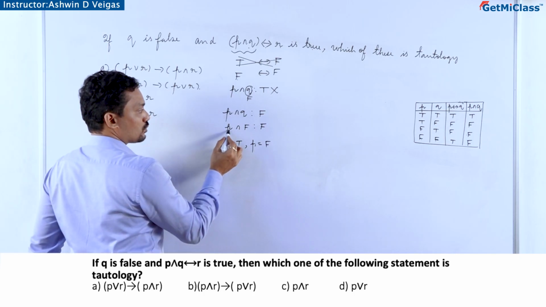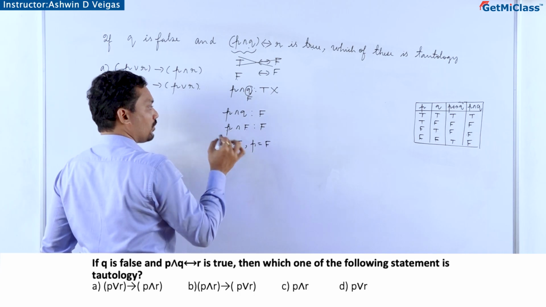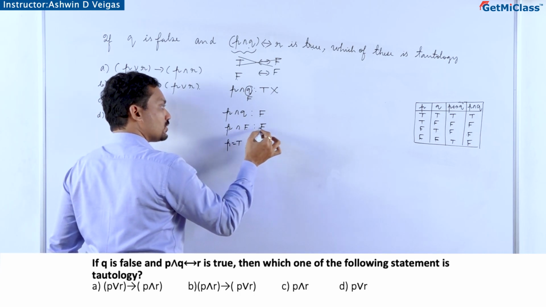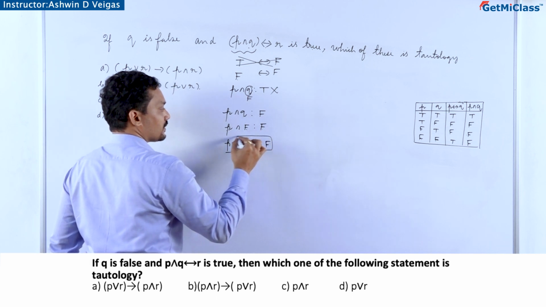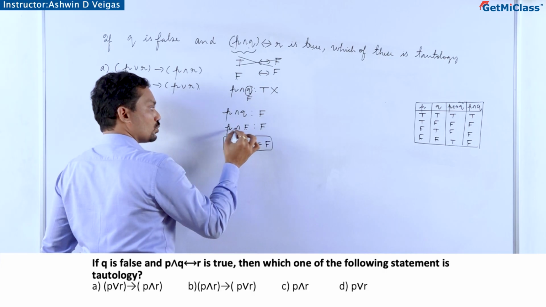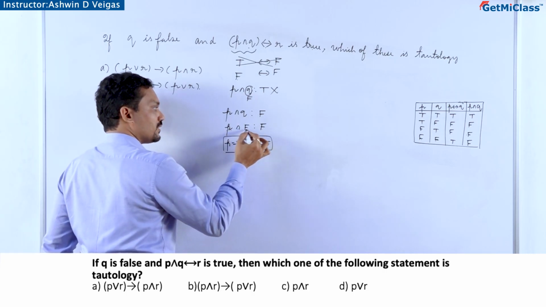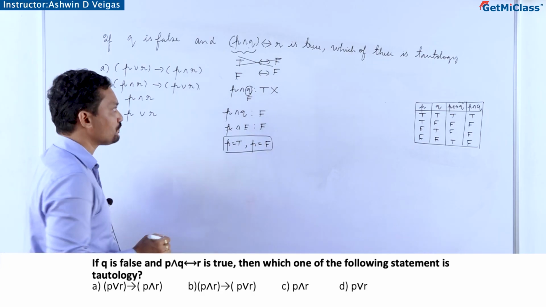If P is true, true and false is false, and if P is false, false and false also will be false. Therefore, P can have 2 cases here. We will get 2 cases for P.